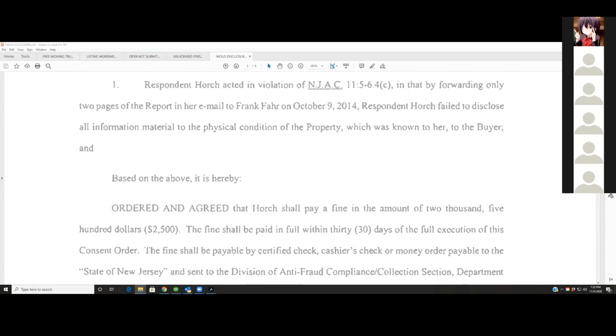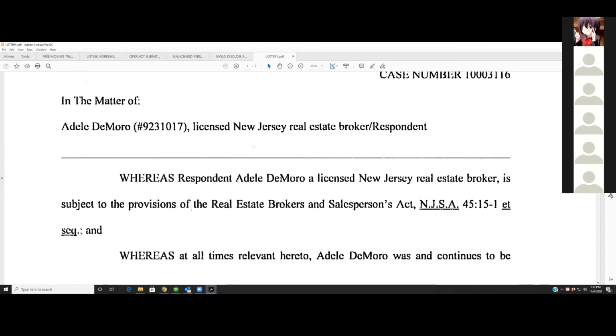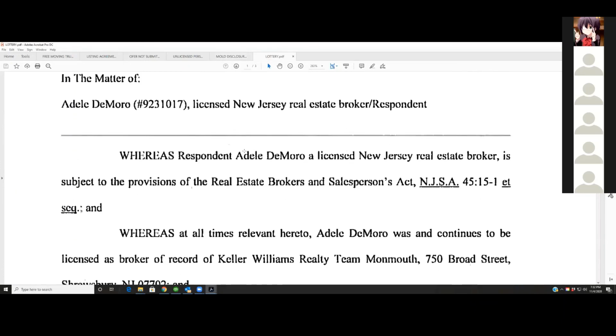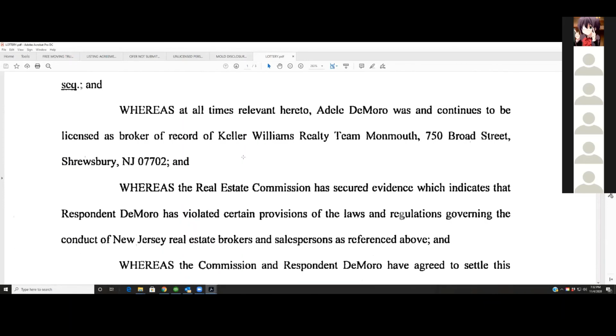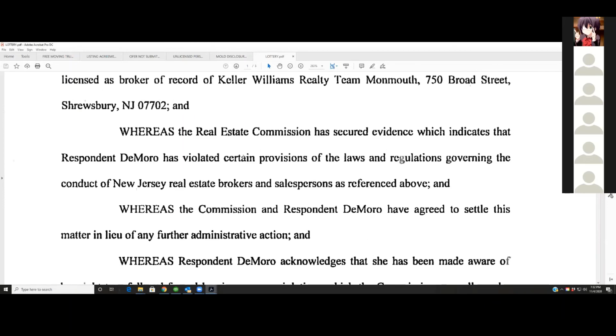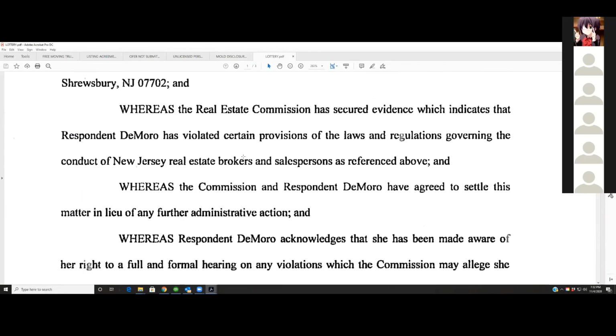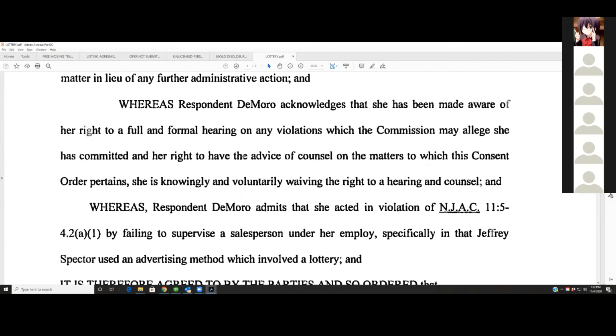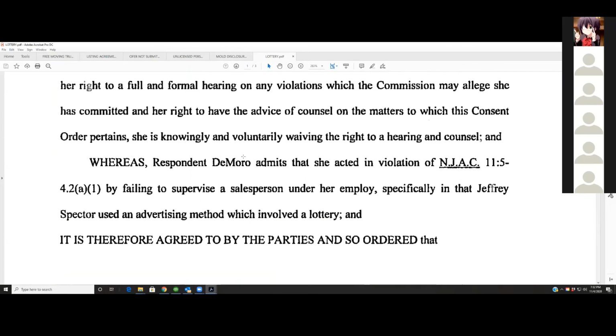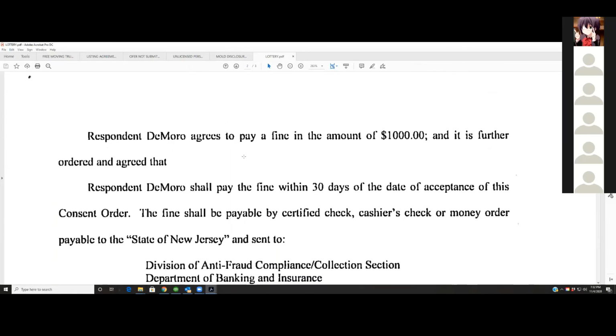So here's another one, lottery. A New Jersey real estate broker, at Keller Williams. They settled this case, but let's see what the case is all about.